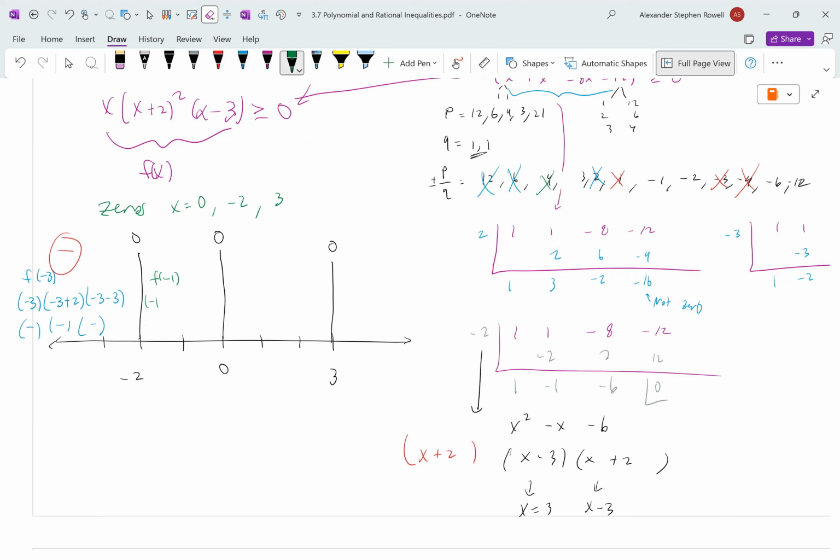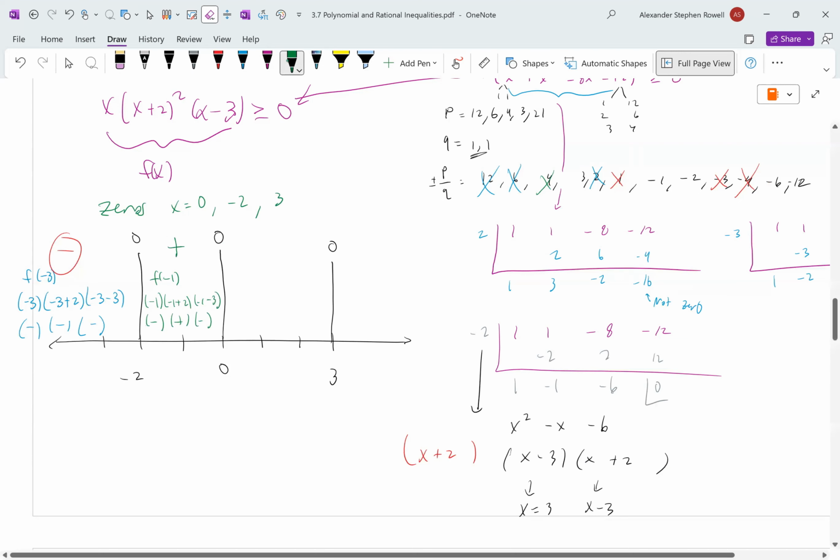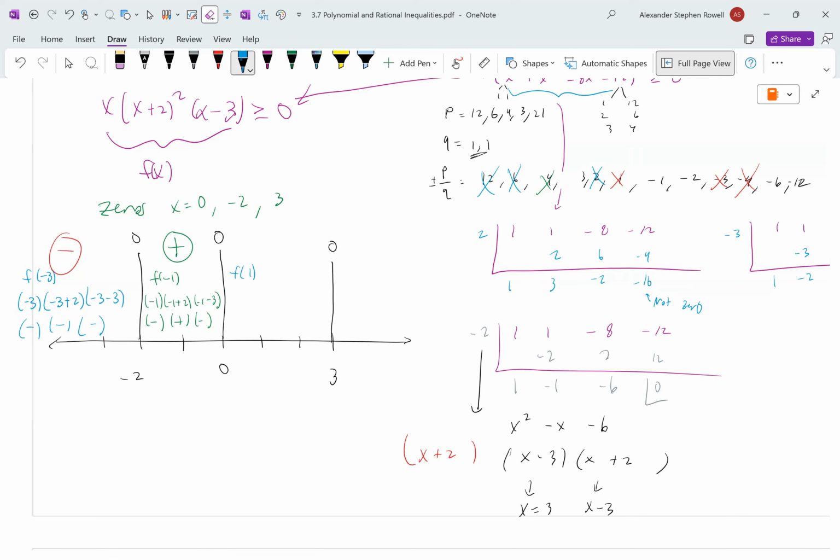What's -1 times (-1 plus 2) times (-1 minus 3)? Negative times positive times negative. Positive. What's your favorite number between 0 and 3? Okay, f of 1 would be 1 times (1 plus 2) times (1 minus 3). Positive times negative.